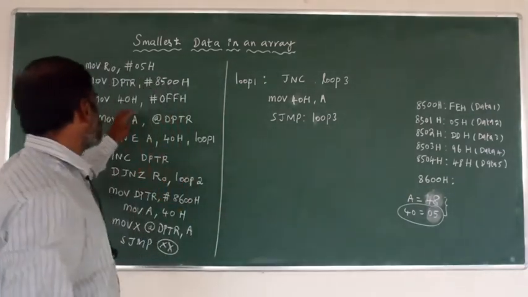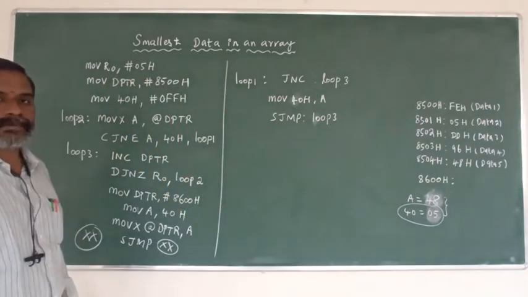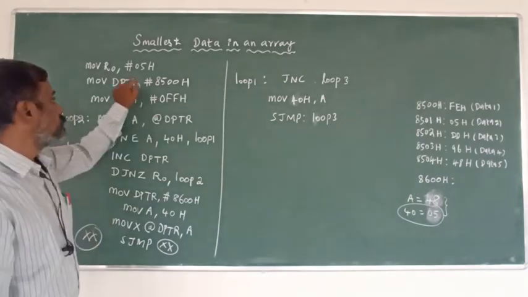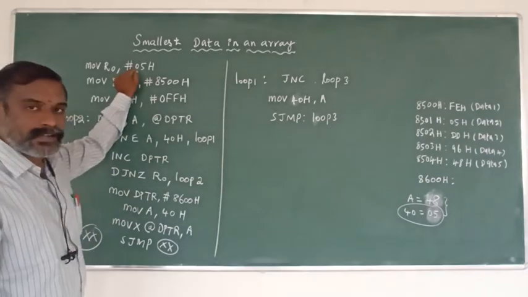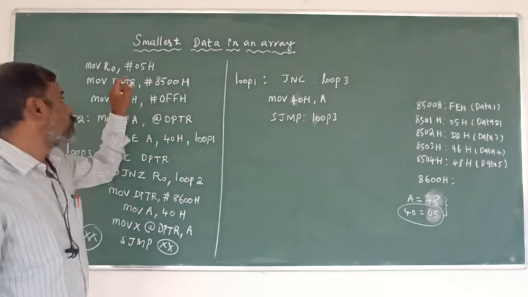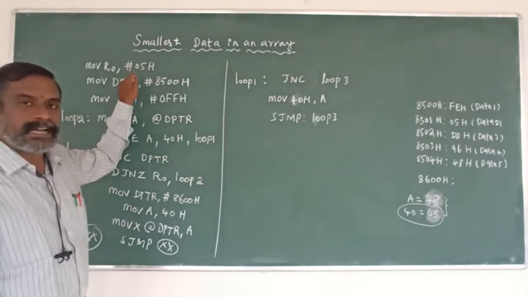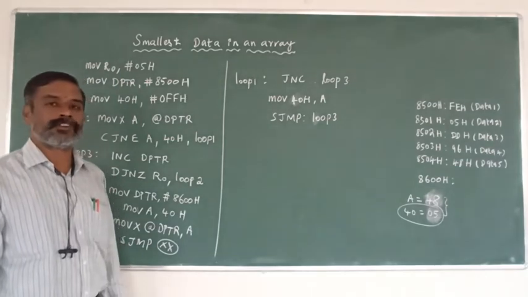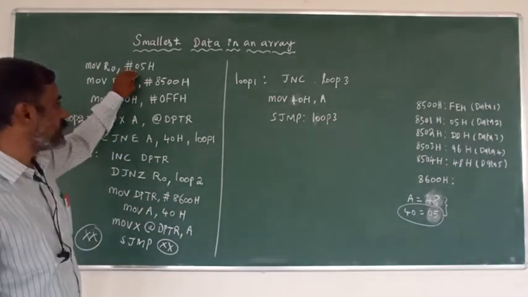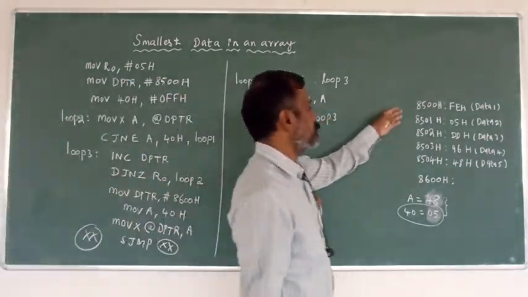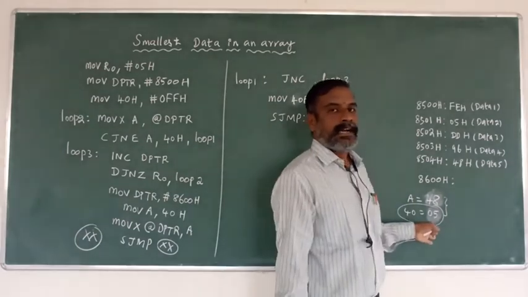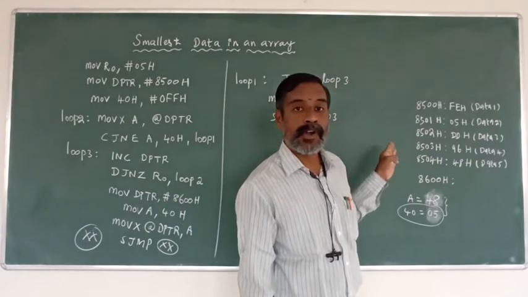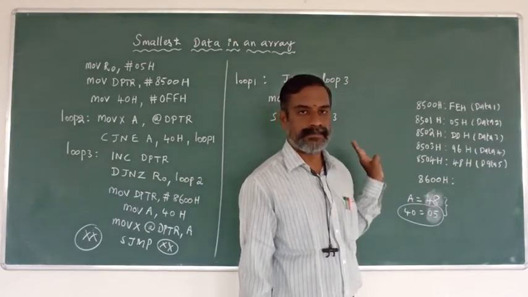Suppose the number of data is 100. 100 is decimal, but in the counter we have to initialize only hexadecimal. Now we have to initialize the 100's corresponding hexadecimal value, 64H. Now load the 64H, and then we can load 100 data and find out which data is smallest in 100 numbers.